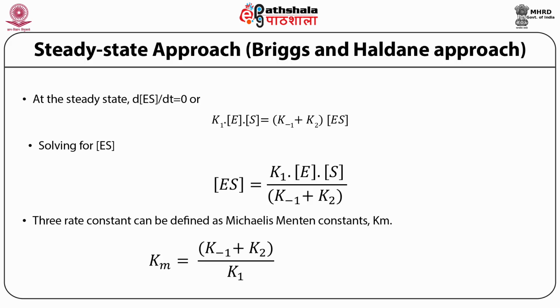It is calculated as in equilibrium theory, where ES concentration is equal to substrate concentration divided by Km, into free enzyme concentration. It is calculated in a similar fashion to how we calculate the Ks for equilibrium theory, where Ks is equal to enzyme into substrate divided by ES. Here it is Km that is replacing that Ks.